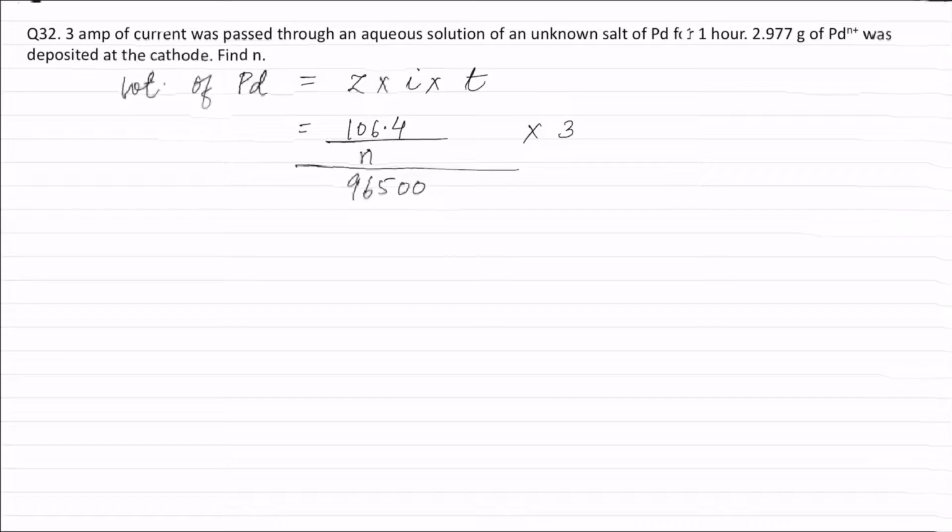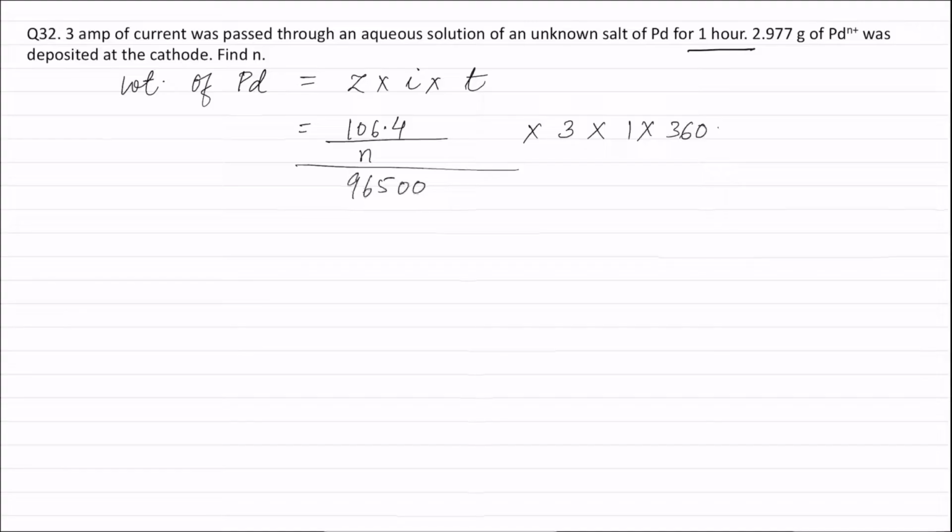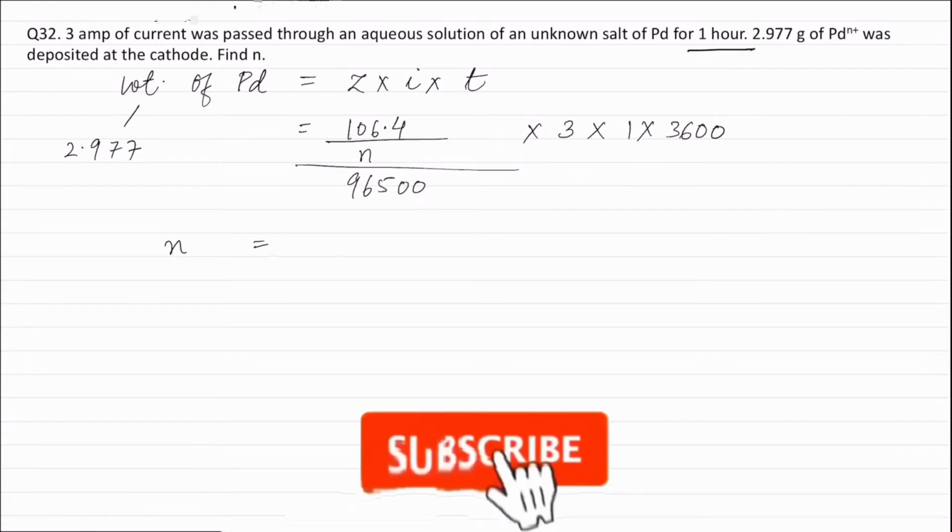Time is given as 1 hour, which is equal to 1 into 3600 seconds. Weight of palladium is given as 2.977 grams. Solving this, the value for N is equal to 4.